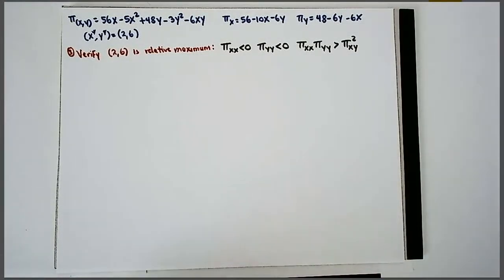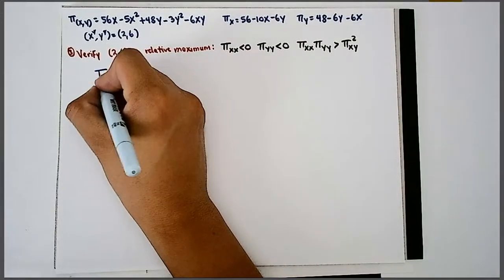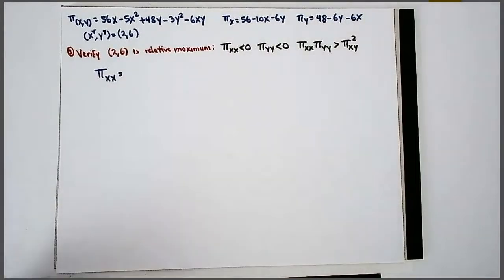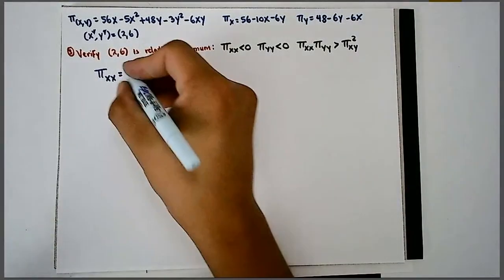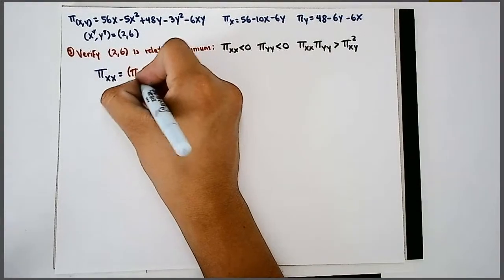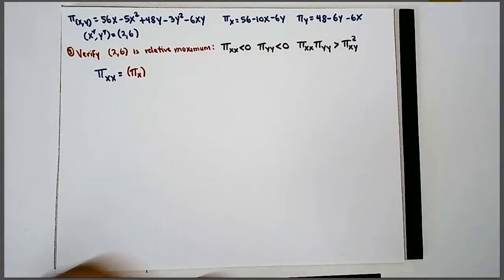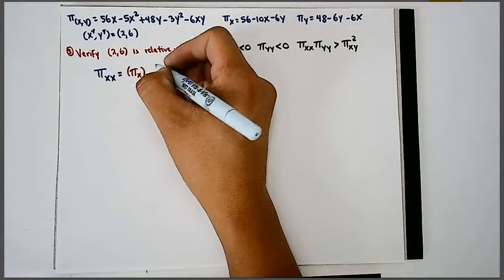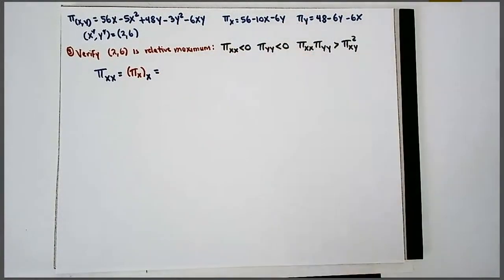So here we need first the second partial derivative with respect to x, and this can be found by taking the partial derivative of pi x, which we found in the first order condition.